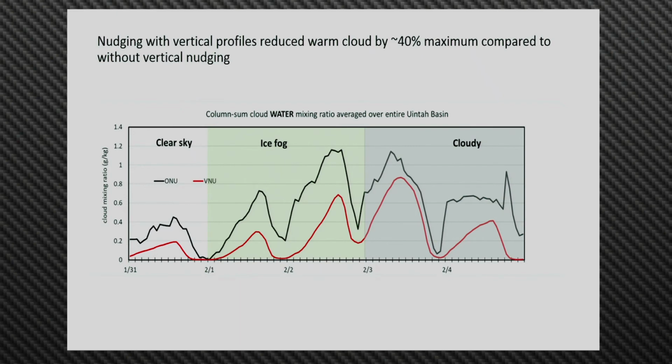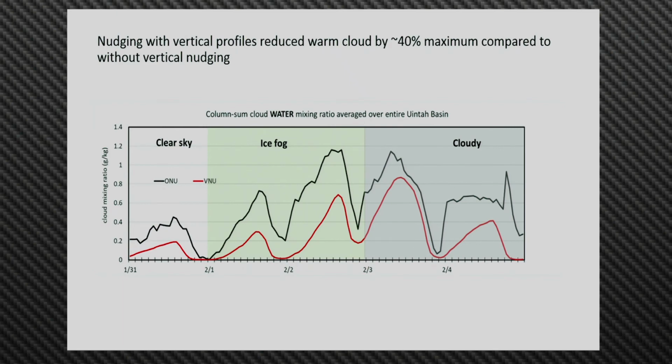We also combine that into our nudging configuration to see whether nudging temperature and moisture all the way from the ground up to around 300 meters helps reduce the overestimation of warm cloud.